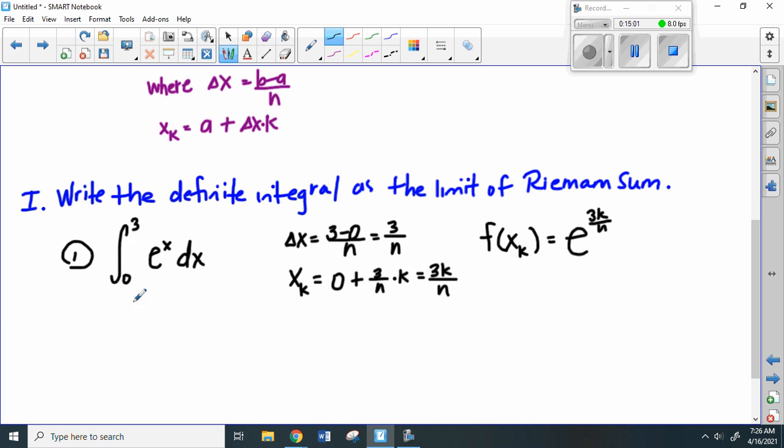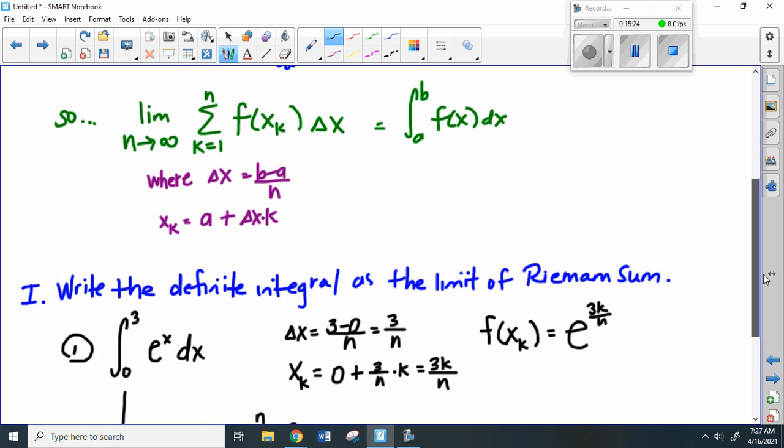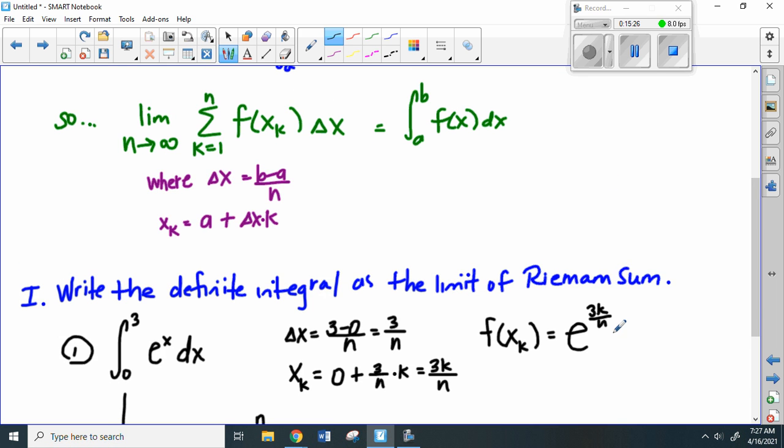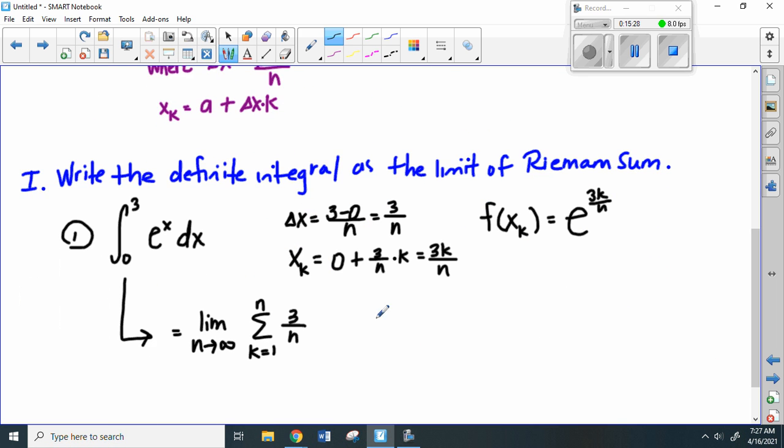I have everything I need to write my integral as a limit of a Riemann sum, where delta x is 3 over n. So remember, it's f of x sub k times delta x, but I can put delta x first if I want, and then multiply by my function, and I'm done.